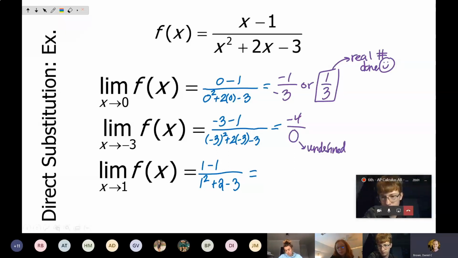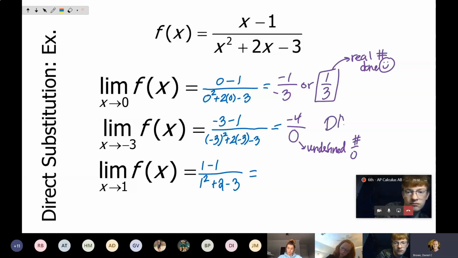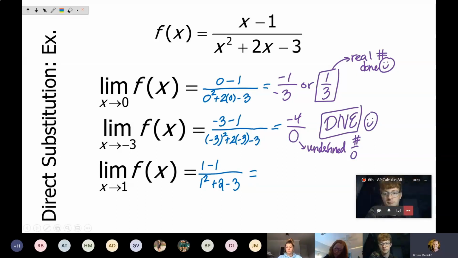If the number is undefined, what do you think we're going to say about the limit? It doesn't exist. So if we get an undefined number, so basically we get a number over 0, the answer to our question will be DNE, does not exist. And we're also happy about that case because it's easy. Number over 0 will always be undefined.